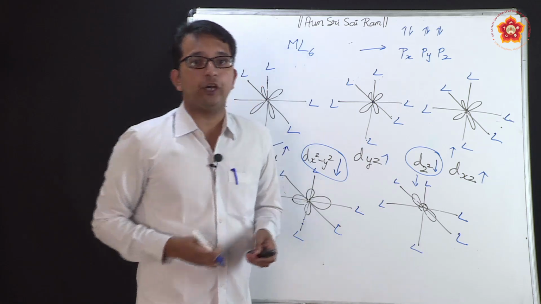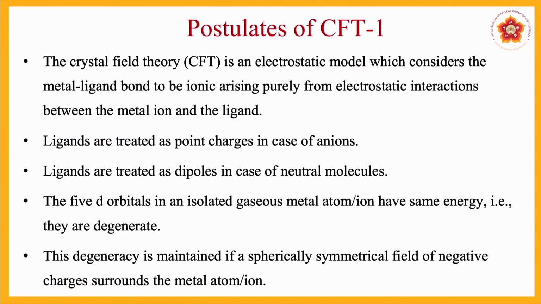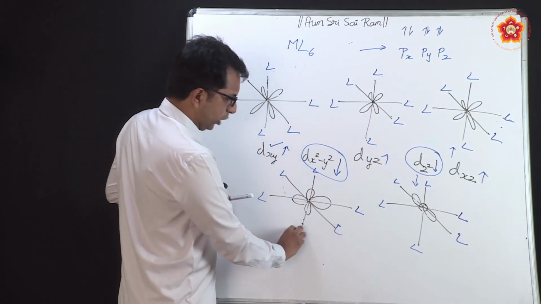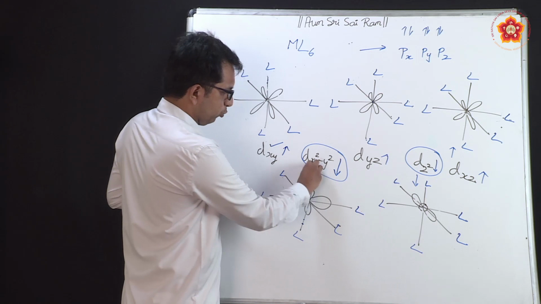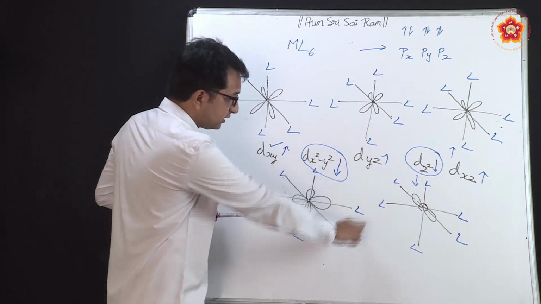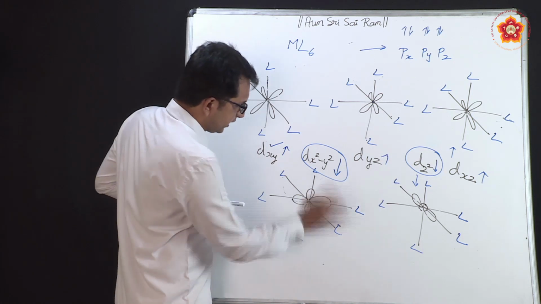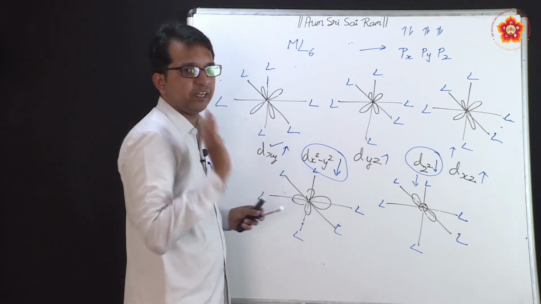Let us see the second point now of the postulate. Ligands are treated as point charges in the case of anions. What this means is, these ligands are something which are in interaction with the metal, and this is one point, one point, one point, one point, one point, like this. Every single part of this is an individual point particle which is interacting with the central metal ion.